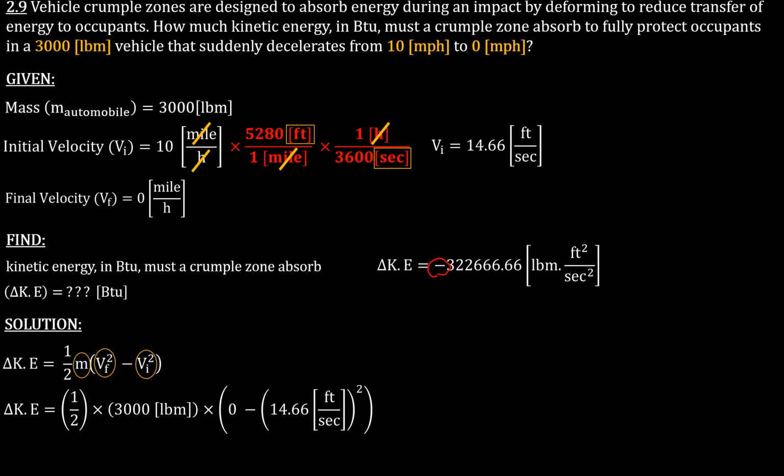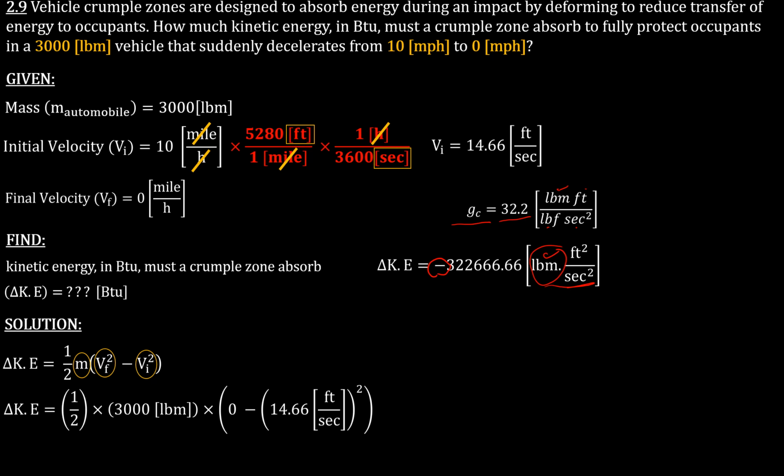Now, pay attention that the units are not what we want. It's in pound mass feet squared over second squared, and we need to change the pound mass to pound force. So here we will use the gravitational constant, which is 32.2 pound mass times feet divided by pound force times second squared. Now, if we multiplied the change in kinetic energy by the gravitational constant, you will see that the pound mass in here and the pound mass in here will not cancel.